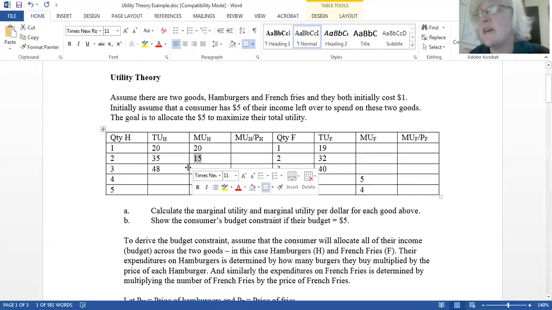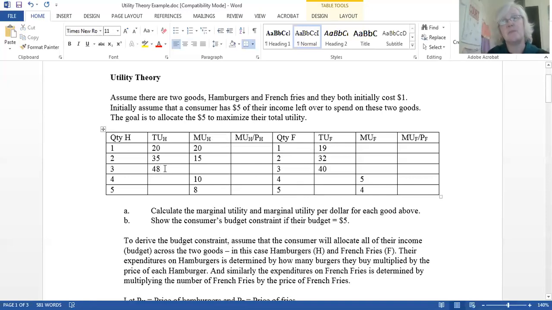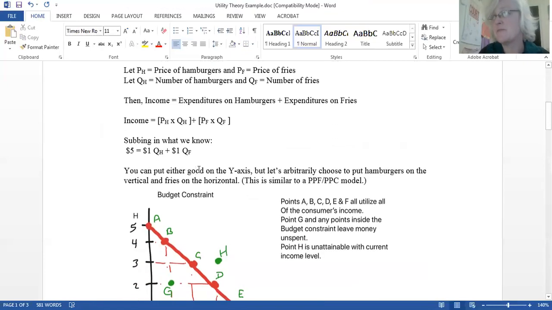All right, let's do it again. From the second unit to the third unit, my total utility, my thermometer, went up from 35 to 48. Knowing that the two previous burgers combined for 35 of that 48, we know that the third hamburger is responsible for the change. 48 minus 35 is 13.